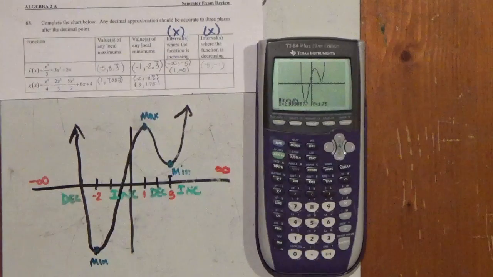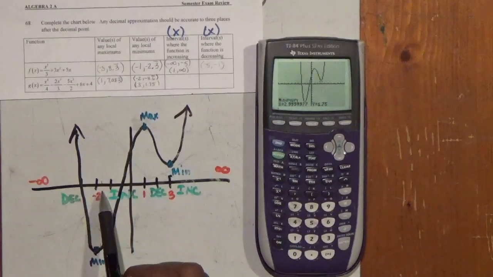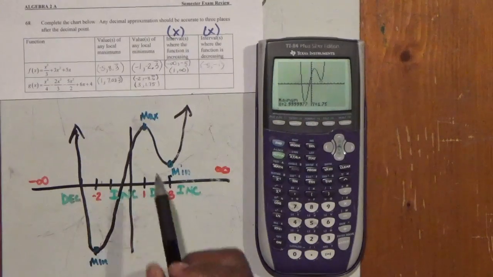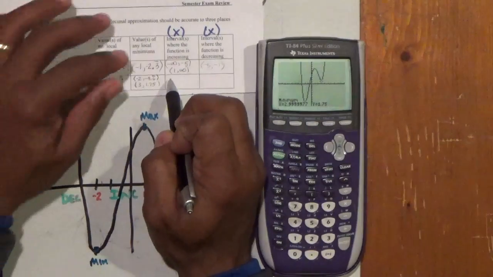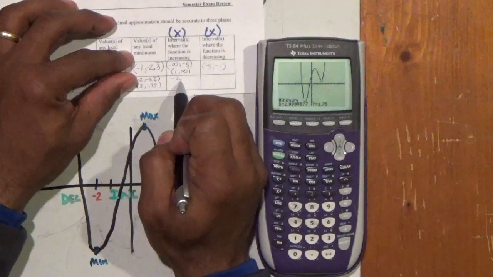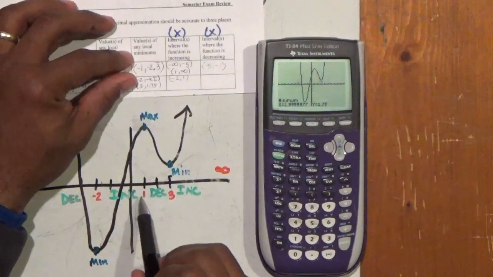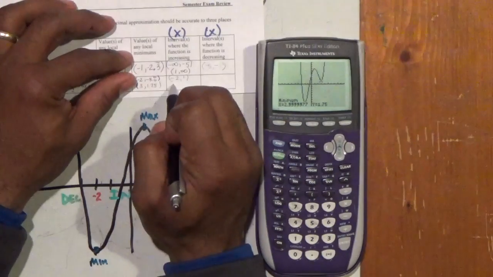So let's see if we can write those intervals. They ask us for increasing first. So from -2 to 1, we're increasing, and we're also increasing from 3 to infinity.